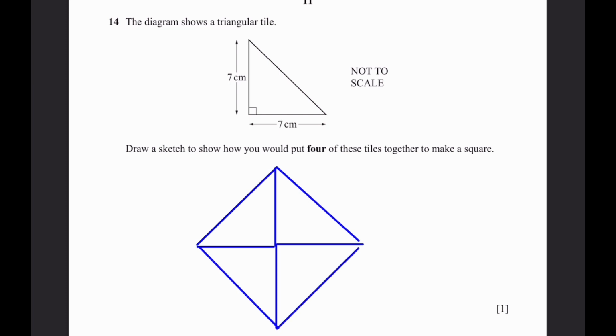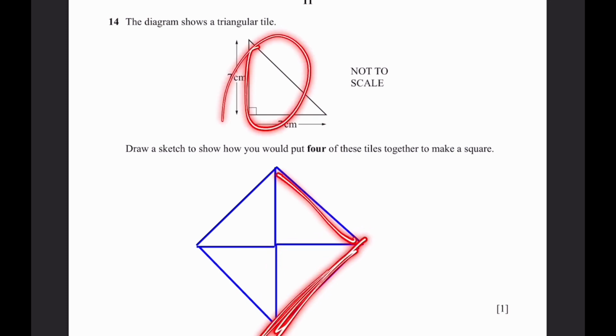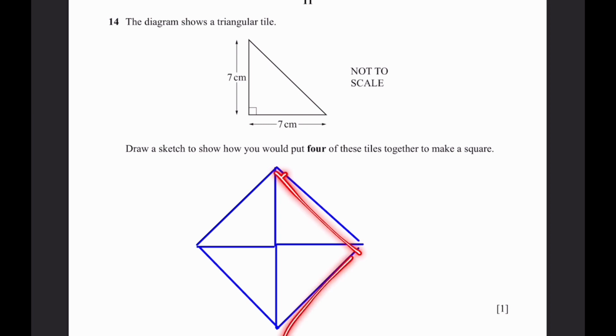But still, we can say it's a square because this is one tile over here. You can see this tile, it's over here. This side is over here. Now, we've joined these tiles together and we got the hypotenuse of this right angle triangle at the edge. All 4 sides have the hypotenuse of the triangle as the edge.